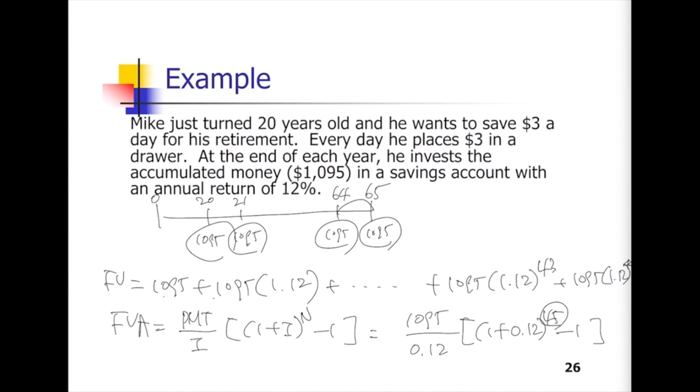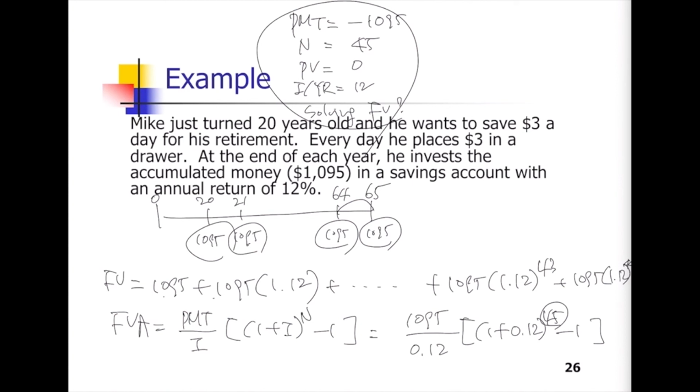You can also use a financial calculator or Excel. So, for example, the PMT is minus 1095, N equal to 45, PV 0, I per year is 12, right? 12%. And solve for what? FV. Yeah, that is the financial calculator method.